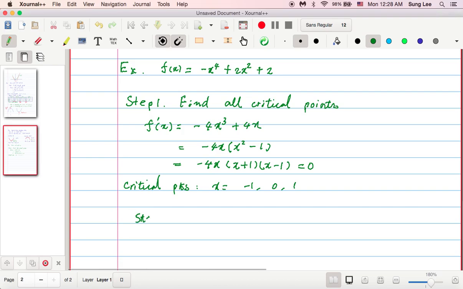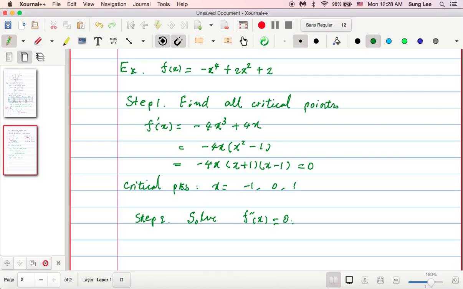And step 2, we're gonna solve the equation f double prime of x equals 0. Okay? Remember that.